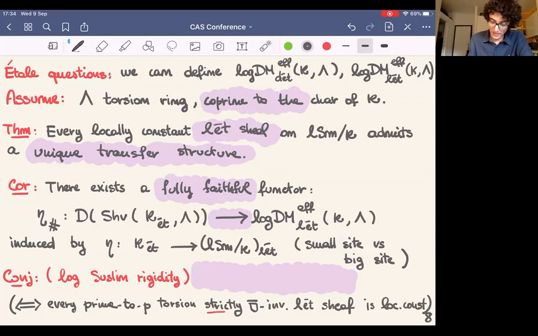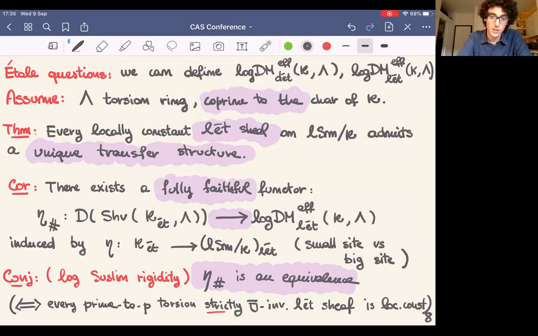Okay, so then we decided to make this conjecture. We call it log Suslin rigidity, and the conjecture is that this eta sharp is an equivalence. So why do we believe in this conjecture?